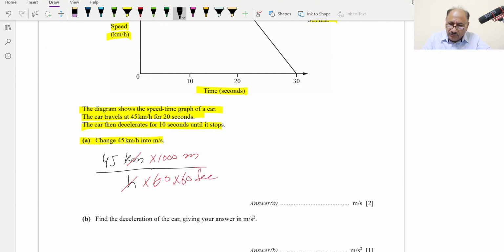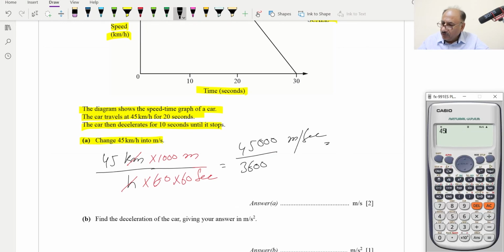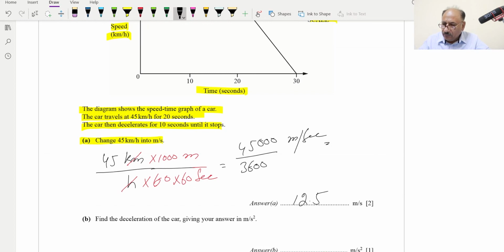Now this will be equal to 45000 divided by 3600, and this will be meter per second, and we can simplify this. This is equal to 12.5. So 12.5 meter per second will be our answer for A part.